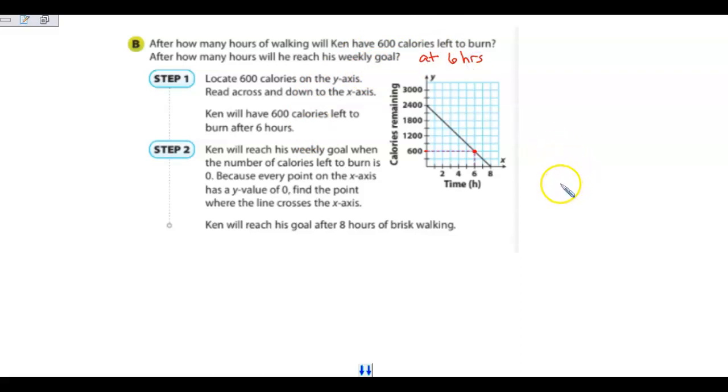When will he reach his goal? Well, it ends at 0 calories remaining here at 8 hours. So at 8 hours, he will have reached his goal. So that's using the graph to understand some of this.